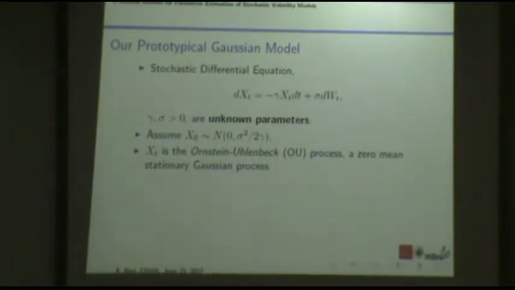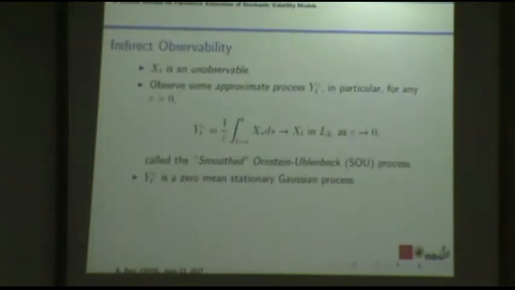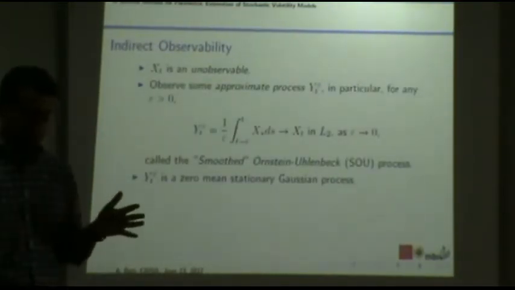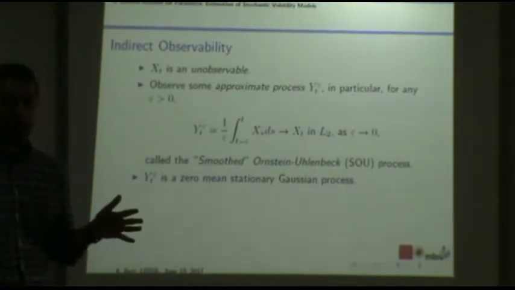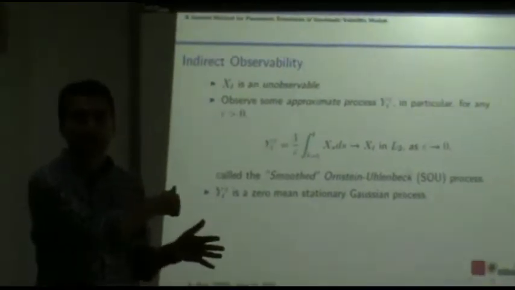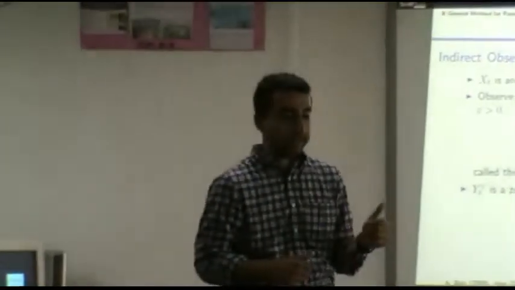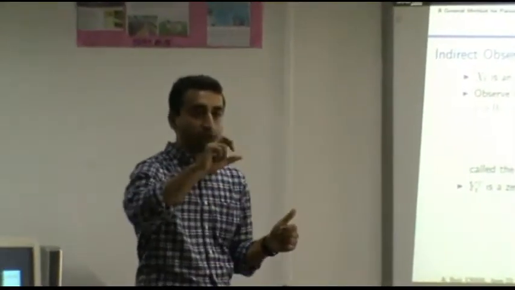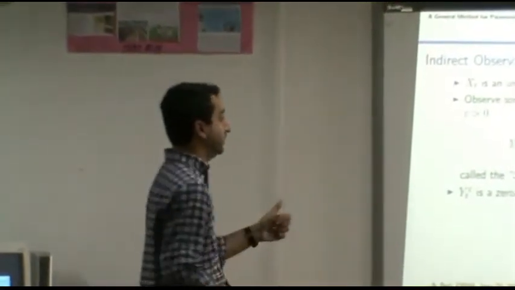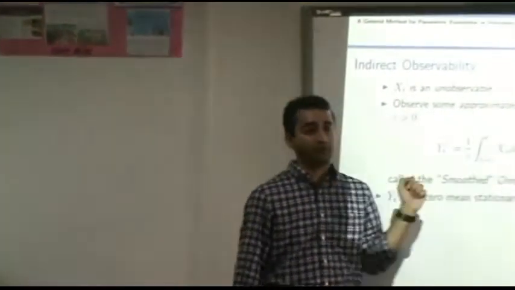The approximating process that we consider here is the following. We have the Ornstein-Uhlenbeck process, whose dynamics are represented by the differential equation from the previous slide, and we do a local averaging of it. We call it the smoothed Ornstein-Uhlenbeck process.